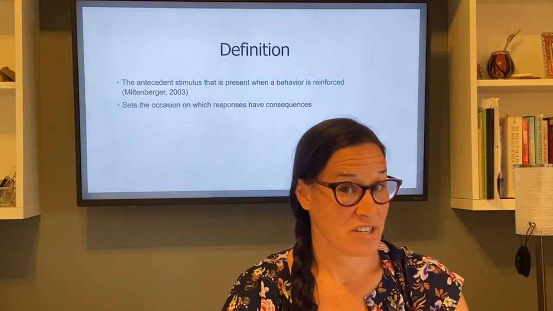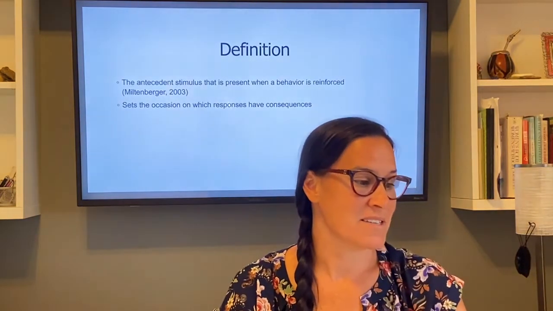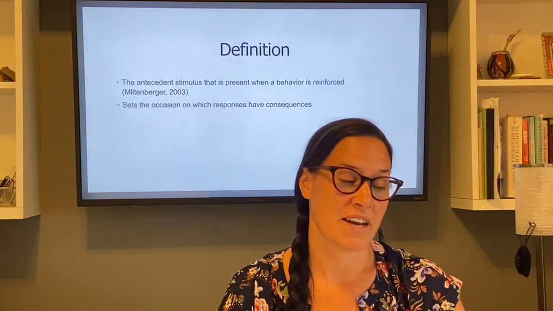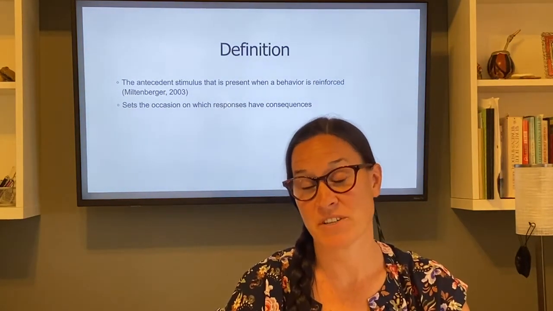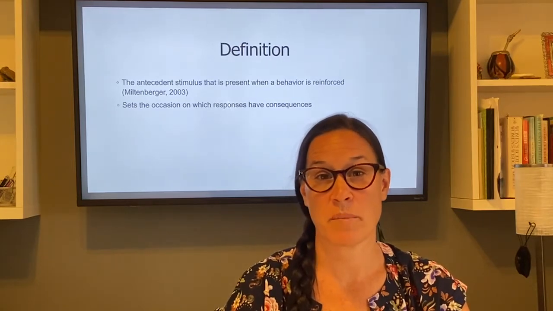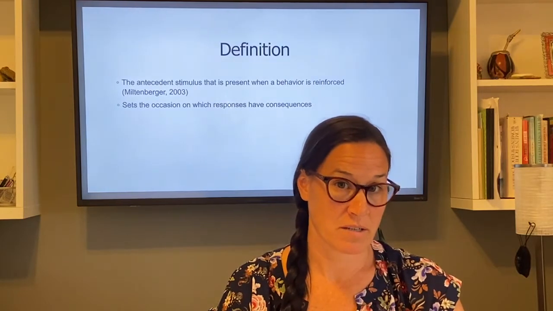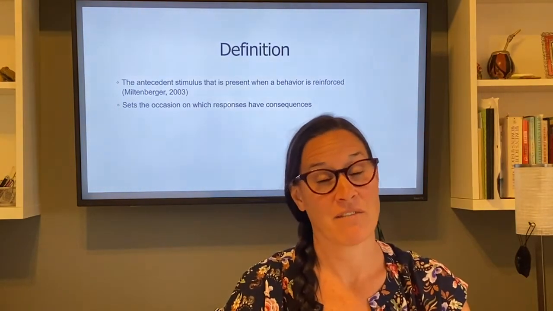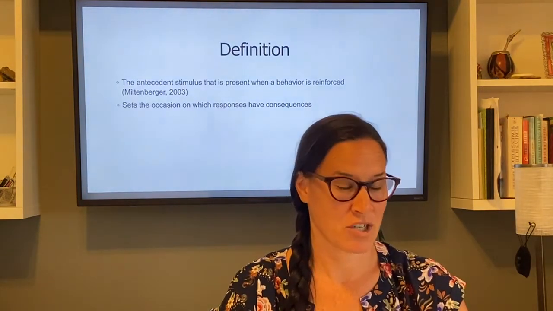The definition of the discriminative stimulus, or the SD, is the antecedent stimulus that is present when a behavior is reinforced. And I got that particular definition from Ray Miltenberger's book, Behavior Modification, and I'm gonna date myself. I have the 3rd edition. I believe that book is at least on the 6th edition.